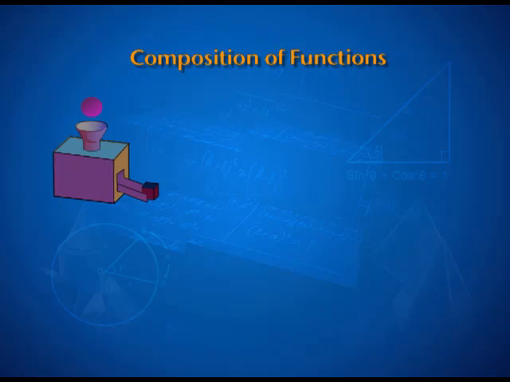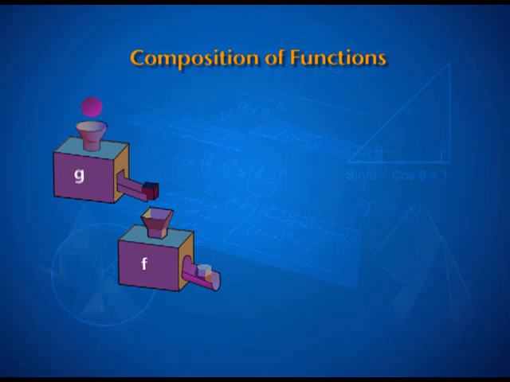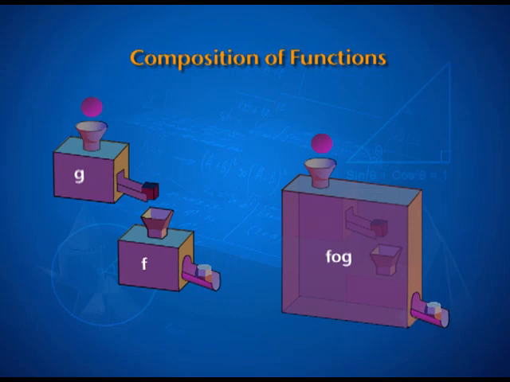Here we have a function machine g whose input is a ball, a sphere, and the output is a cube. This output, when dumped into the function f, results in an output of a faceted ball. Together, they can be expressed as a big function machine where a ball is dropped in and it results in a faceted ball.